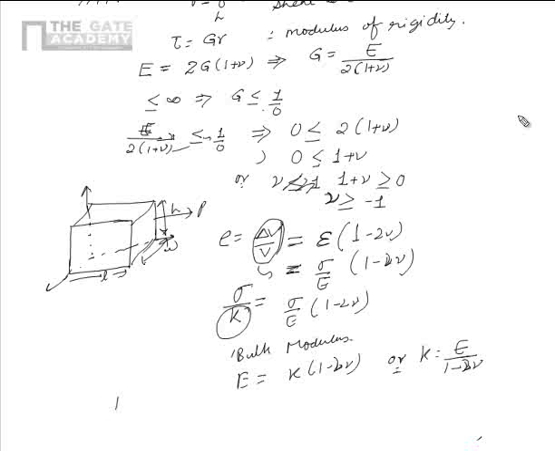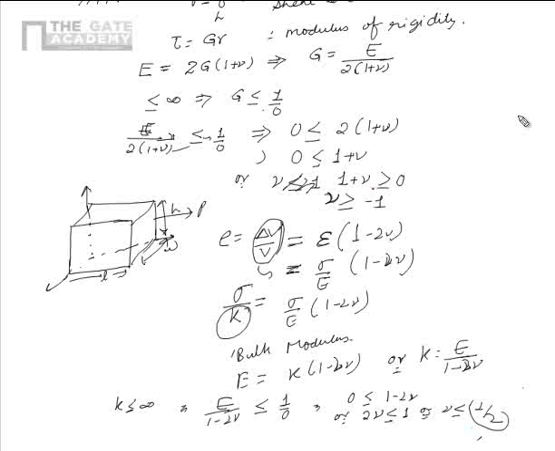Obviously the K value has to be less than or equal to infinity, which means E upon 3 times 1 minus 2 nu has to be less than or equal to 1 upon 0, which means 0 has to be less than or equal to 1 minus 2 nu, or 2 nu has to be less than or equal to 1, or nu should be less than or equal to 1 by 2. So this is the limit on Poisson's ratio, and that's the upper limit. It has to be less than 0.5.